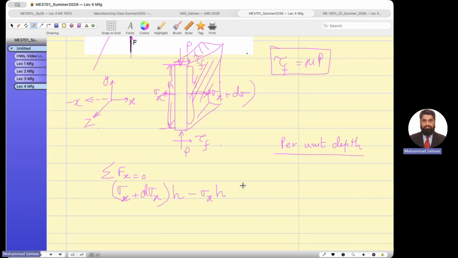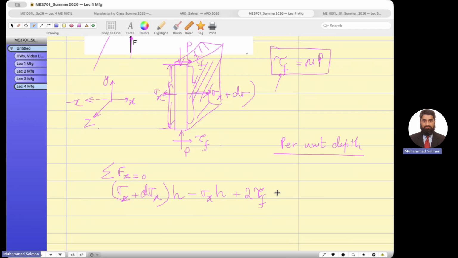How about tau f? You see my point? If you closely look, tau f is to the right. So can I write down 2 tau f, shear stress? I would say this is known as the friction stress. We have to overcome the friction force. When the forging force, the ram, hits the forging, there is friction present.